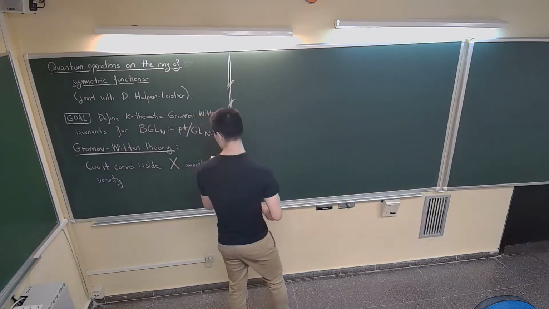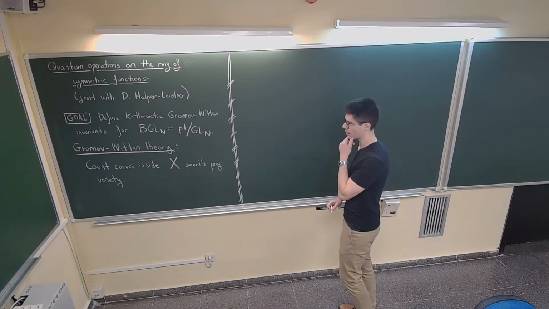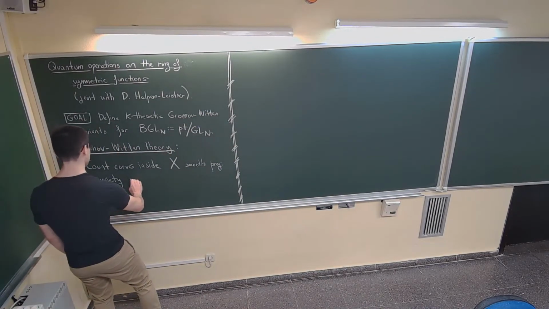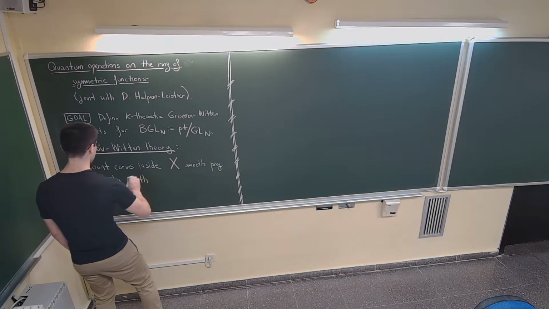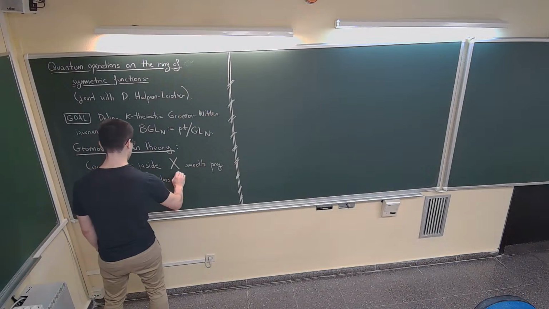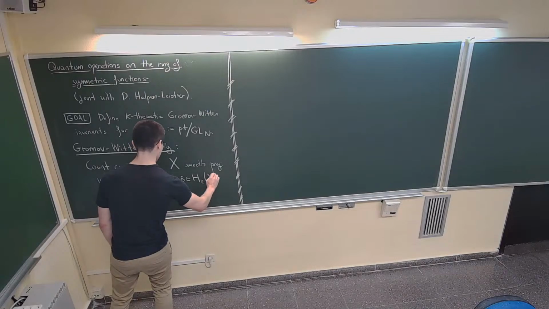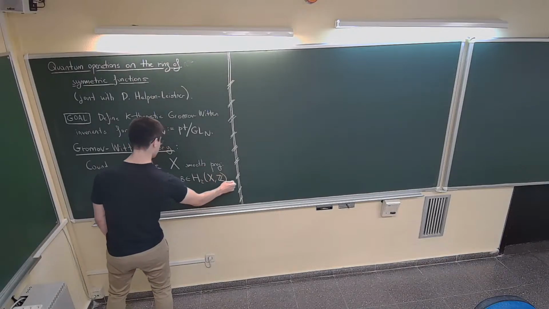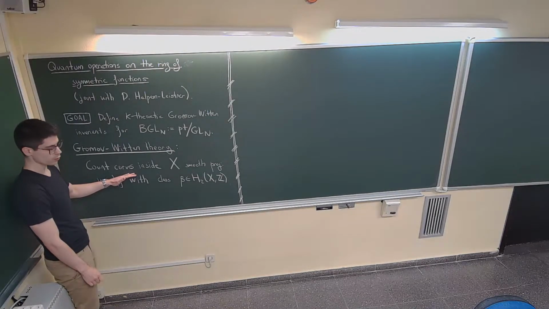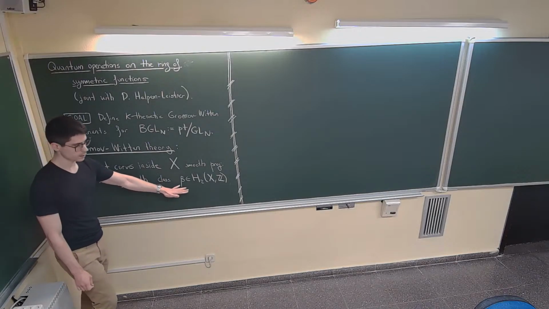The way in which we do this is by defining some moduli space. Maybe I can be a bit more precise and fix the topological type of the curve. I can fix some element of second homology of X, and say that I want to count curves inside of X such that the pushforward of the fundamental class, the corresponding second homology class for this curve, is going to be beta.